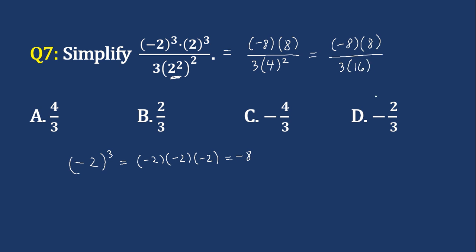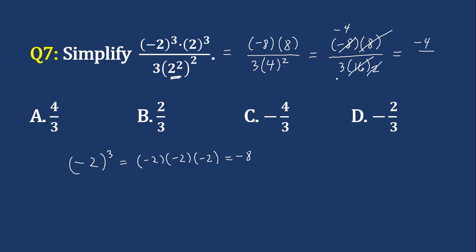Now we can cancel. Take note that we can cancel 8 here. So we have a 2 here, right? But we also have a 2 on top because negative 8 is the same as negative 4 times 2. So we can cancel this also. So on top, we are left with negative 4.